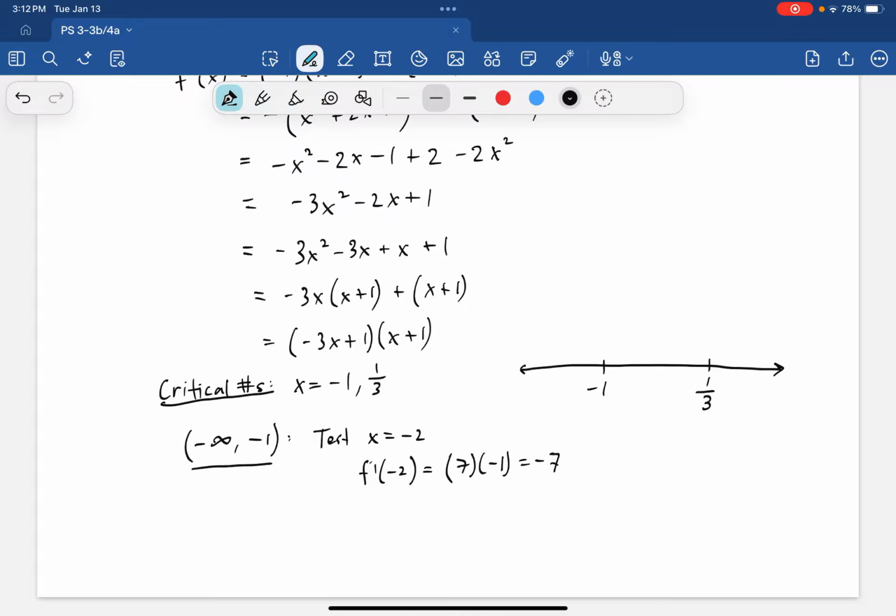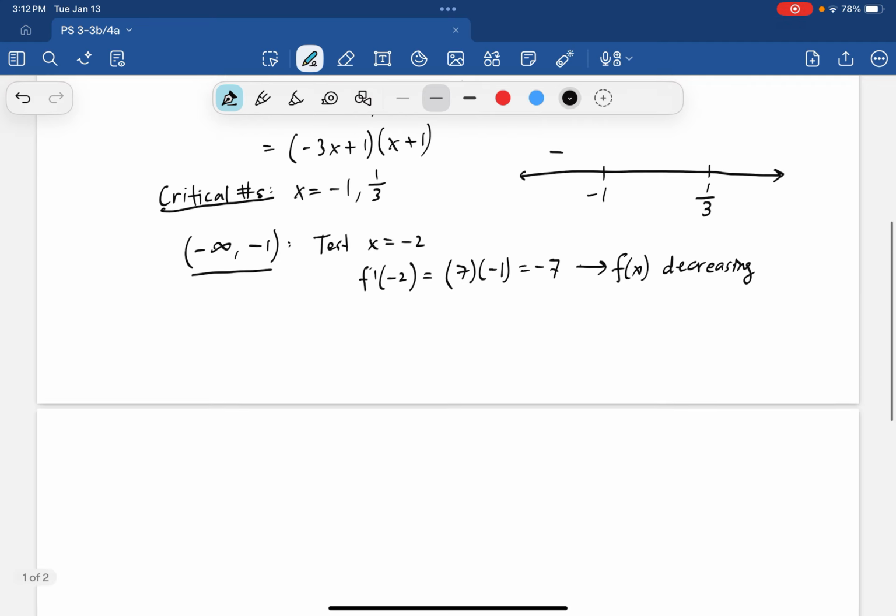That tells me that this interval is decreasing, so I can put a minus here. From -1 to 1/3, a good test value would be x equals 0. If I plug that in, f prime of 0 is going to be 1 times 1. So that means f of x is increasing.